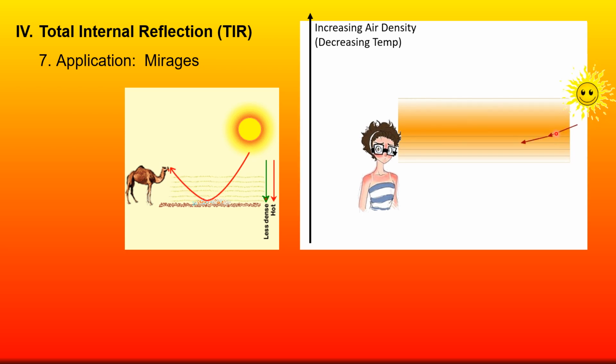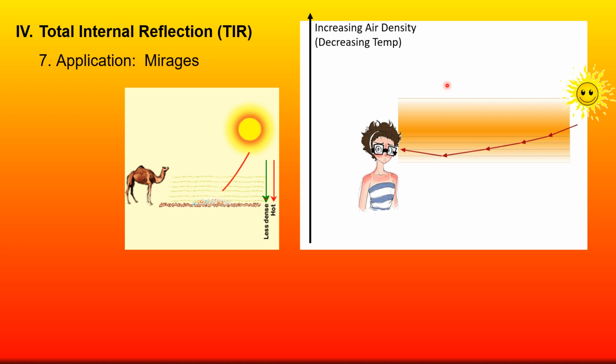And basically that provides one of the preconditions for total internal reflection, right? So we get light traveling from a higher density to a lower density so that it gets refracted away from the normal. So as the light travels downwards towards the ground, light from the sun that is, the refraction is so great near the ground that total internal reflection occurs.